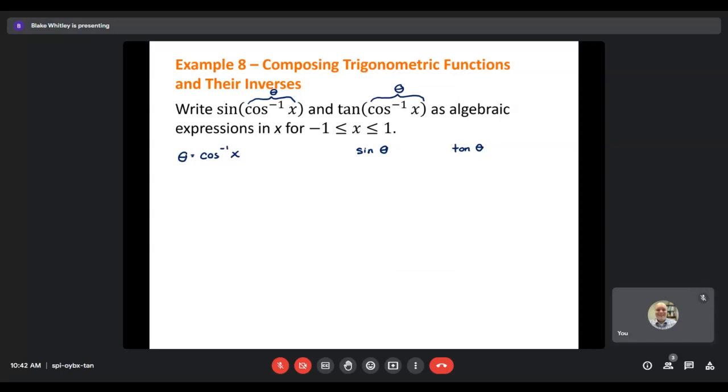Now, just like we did before, I'm going to take the cosine of both sides in this case so that I can get rid of that inverse cosine. So now that tells me that cosine theta is equal to x.